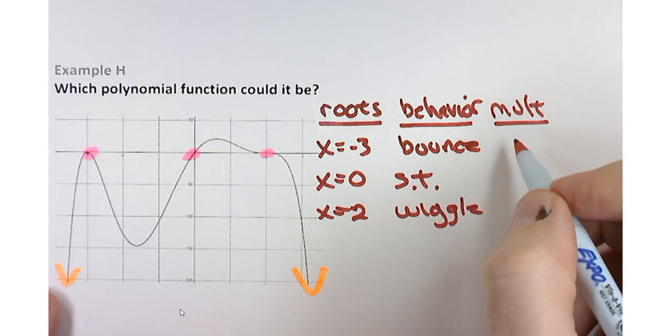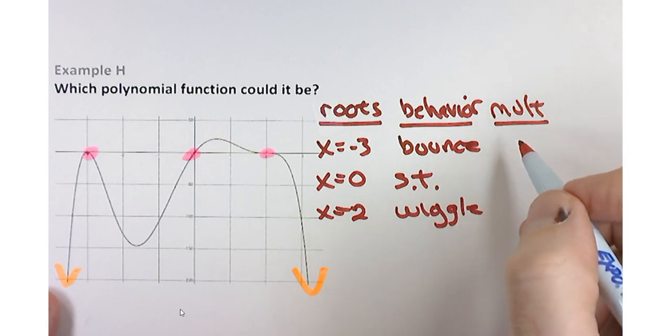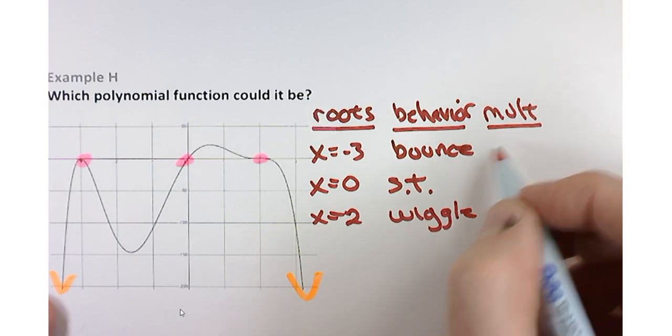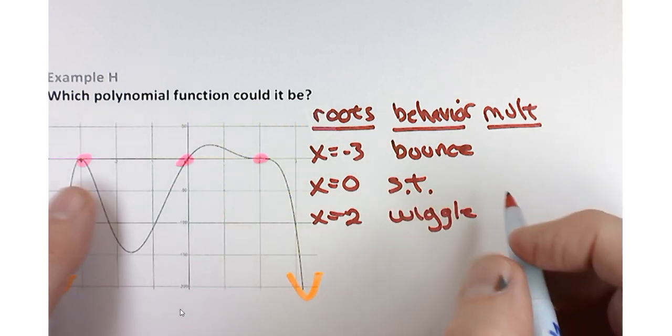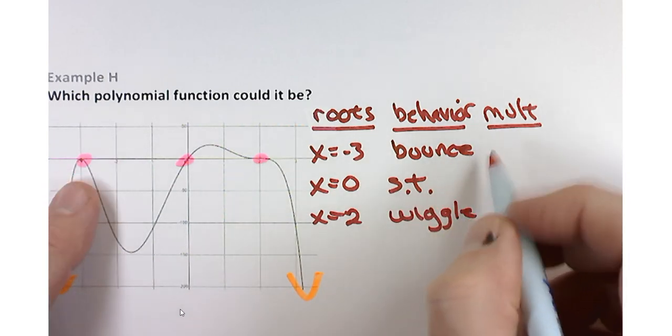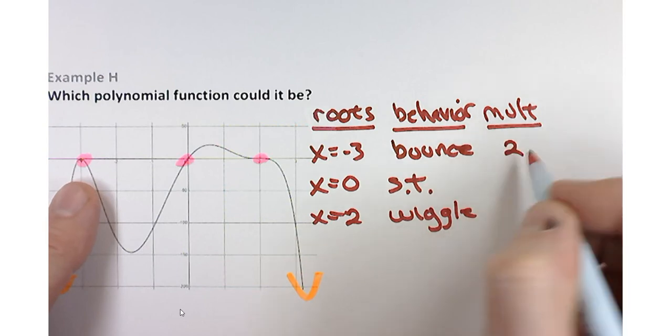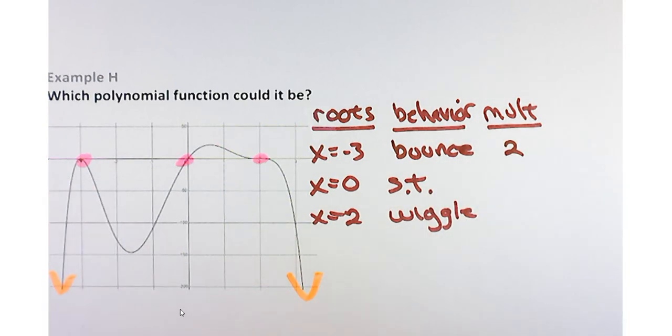How about the multiplicities here? What do we got for multiplicities? Ace, want to deal with multiplicities here? Bang those out. So at -3, what is the multiplicity associated with a bounce? 2. Now you could use 4 or 8 or whatever, but let's just go with the lowest one that we can, which is a 2.